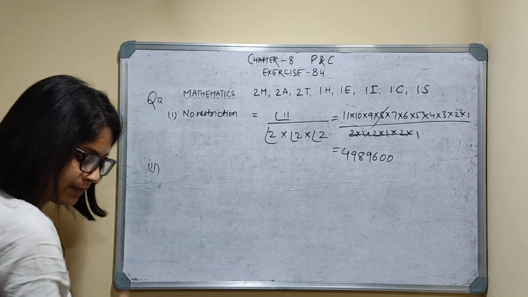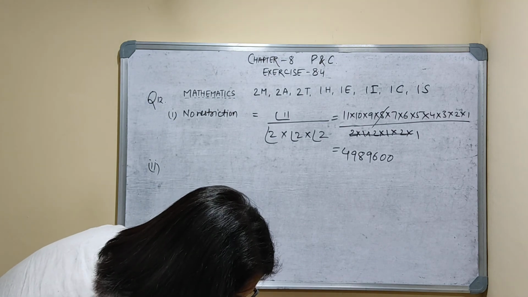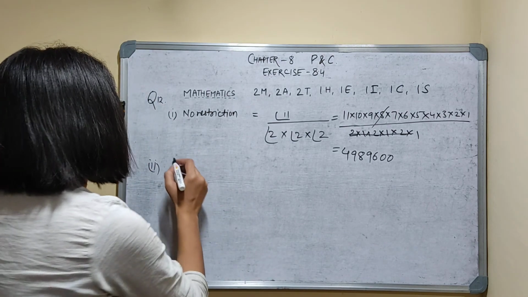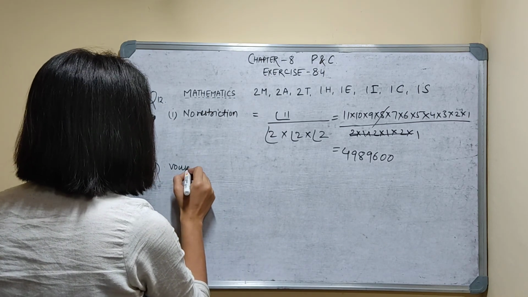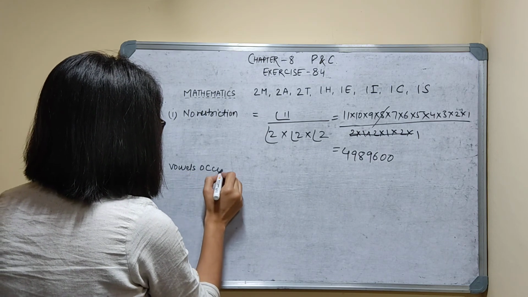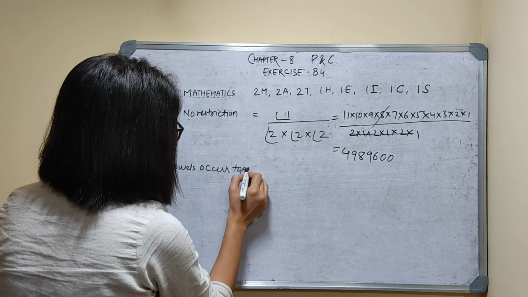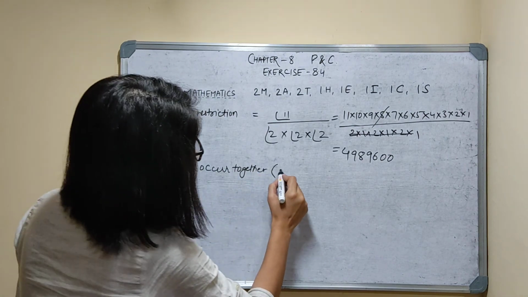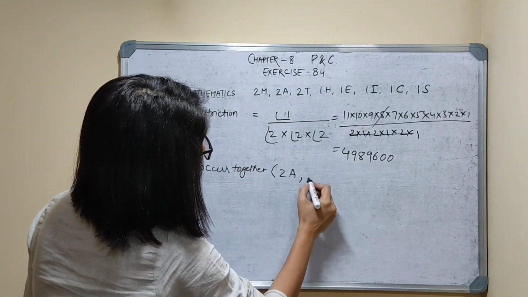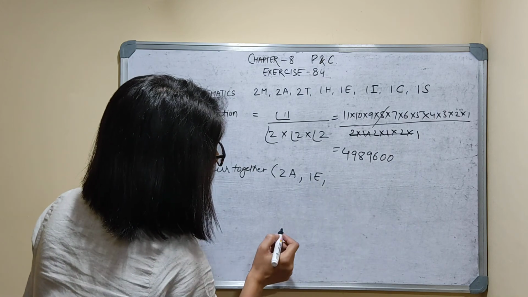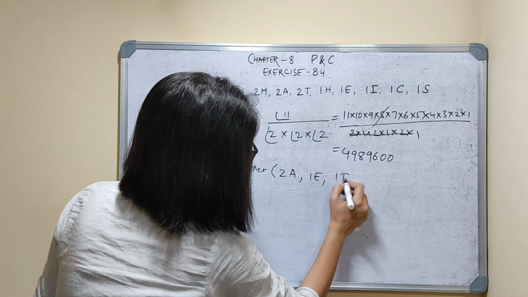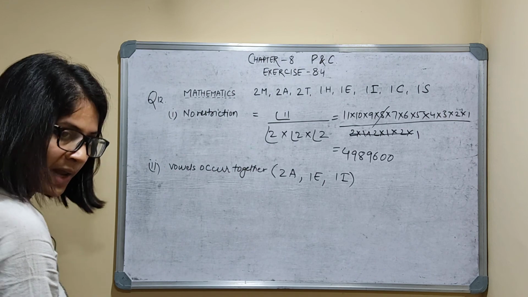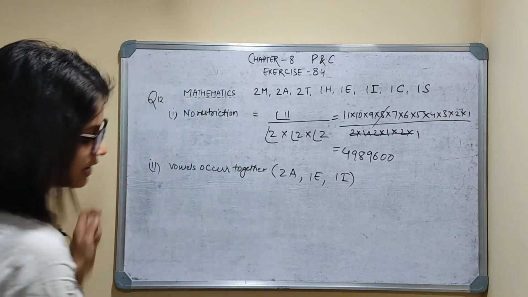Part second. Vowels occur together. How many vowels are there? You can see, 2 A, 1 E and 1 I. So these vowels occur together.